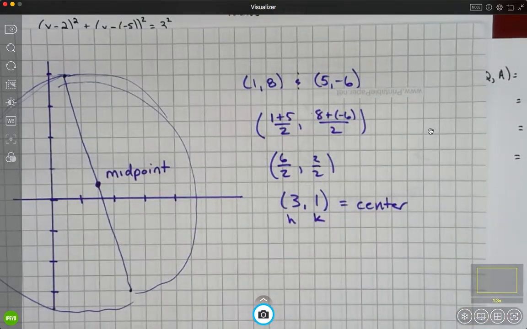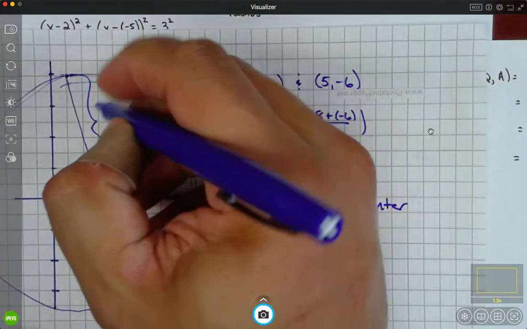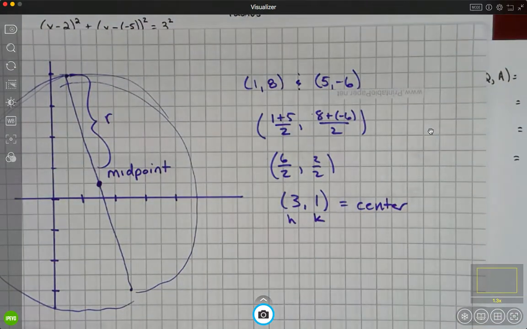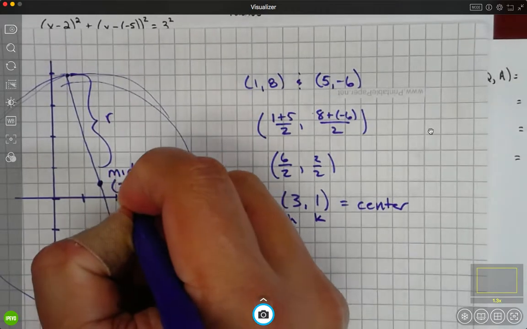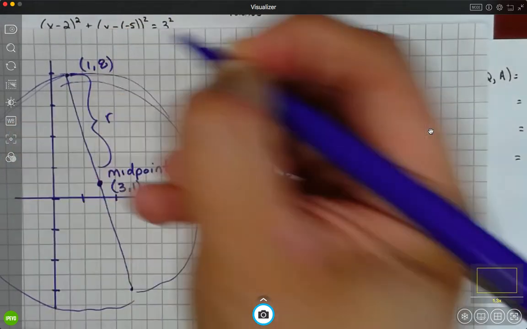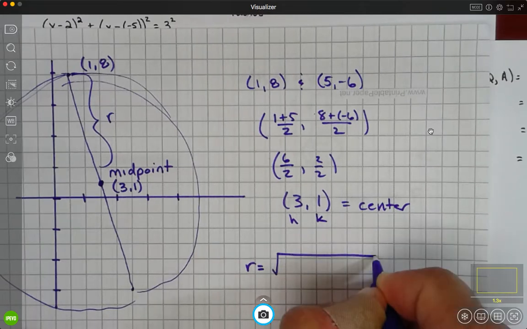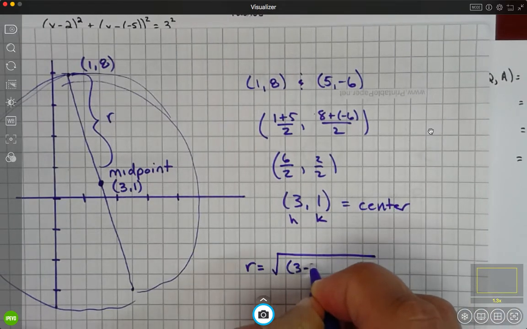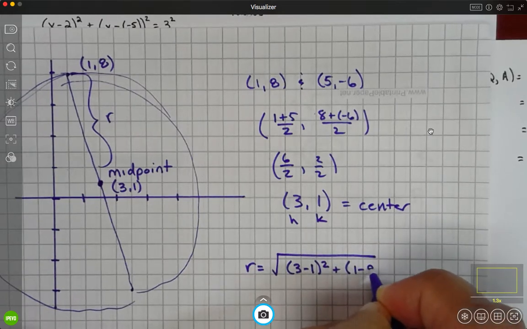We also know the radius is the distance from the midpoint to the end of that diameter. So if this is 3, 1 and this is 1, 8, let's find that distance, which will be the radius. So I'm going to say (3 minus 1) squared plus (1 minus 8) squared.